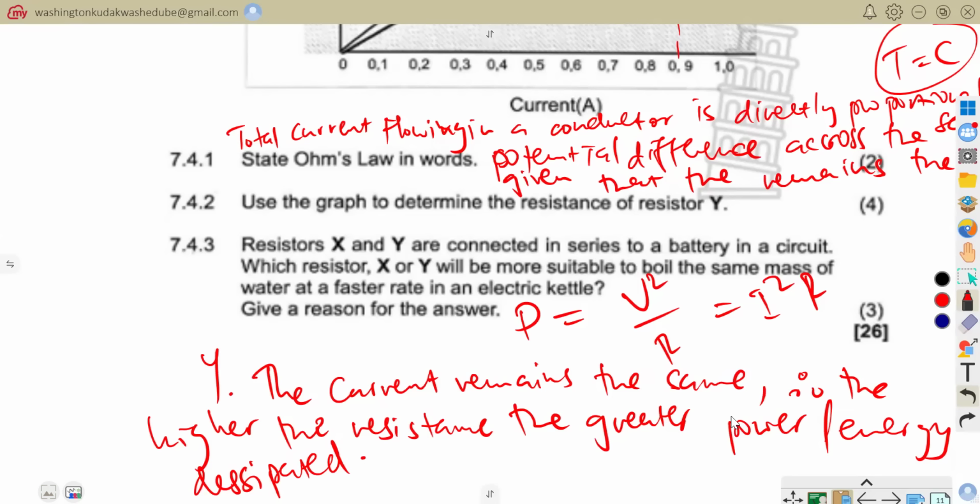And that is what we are looking for. You'd see that the resistance of Y is greater than the resistance of X, because the slope of Y is greater than the slope of X. Simple. That is what we are just supposed to say there.